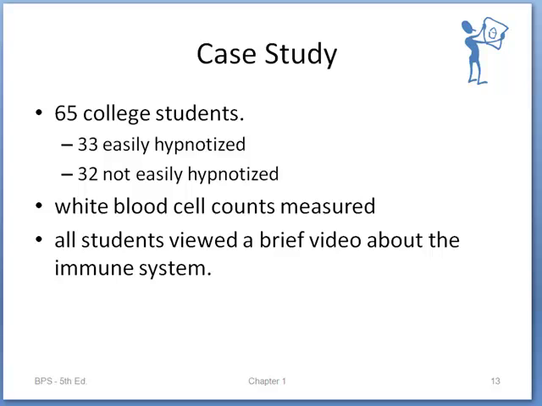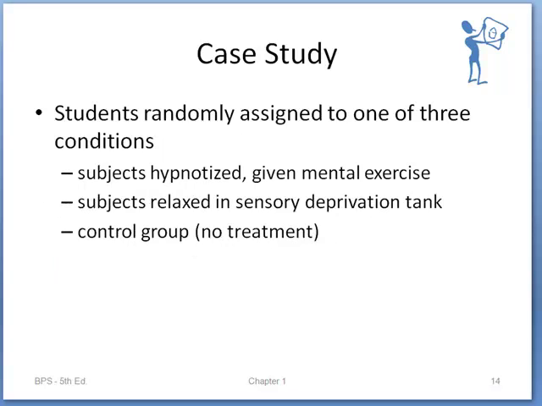All the students viewed a brief video about the immune system. Students were randomly assigned to one of three conditions. Some of the subjects were hypnotized and given mental exercise. Another set of subjects were relaxed in a sensory deprivation tank, and another set of students were the control group, where no treatment was done whatsoever.